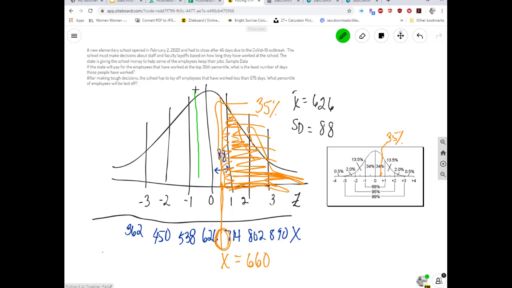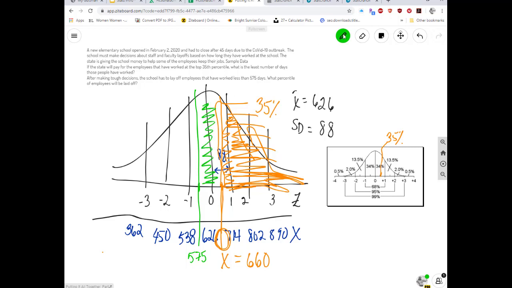So what is the proportion, what percentile of employees will be laid off? So basically we're saying this is the cut score to keep your job at all. So this is going to be 575 days. If you work more than 575 days, either the state will pay for you to be able to stay, or the school will be able to pay for you.